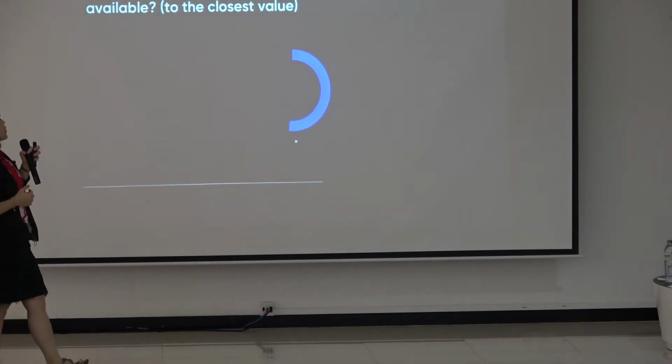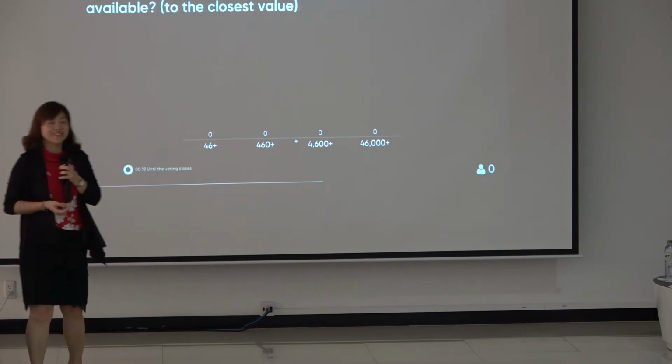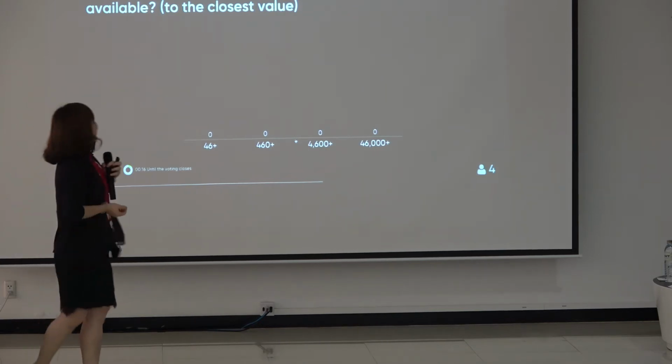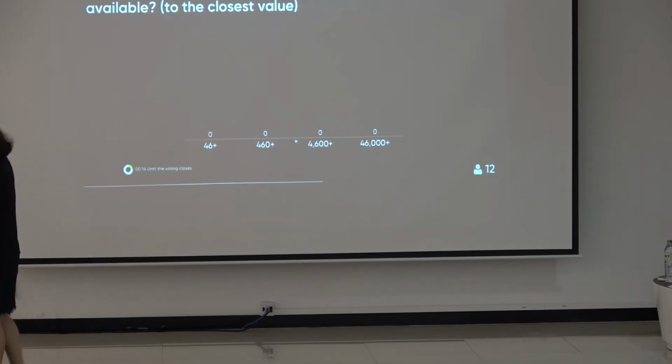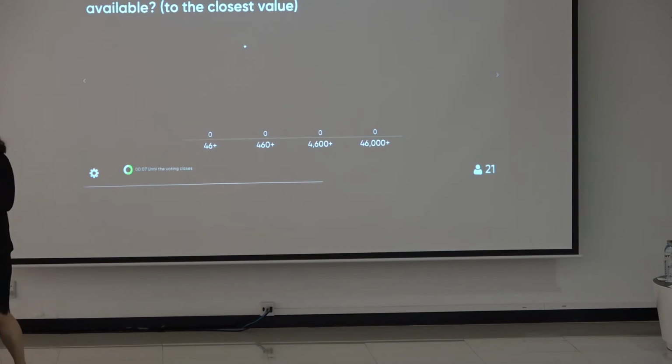How many cryptocurrencies are currently available? Choose the one that is closest to the value: more than 46, more than 460, more than 4,600, or more than 46,000.